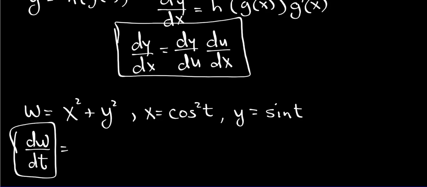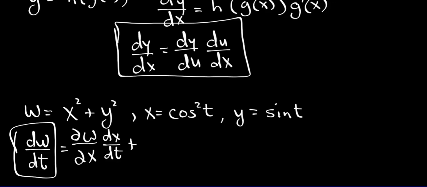What I'm going to do is take the partial of w with respect to x, and then multiply by the derivative of x with respect to t. See, it's like I'm going from the outside in, taking the partial of w with respect to x, times the derivative of x with respect to t.